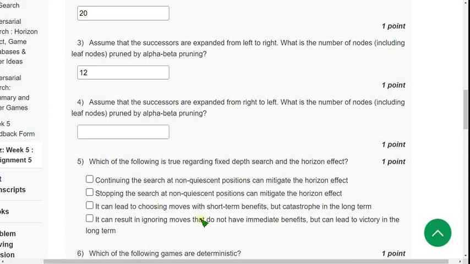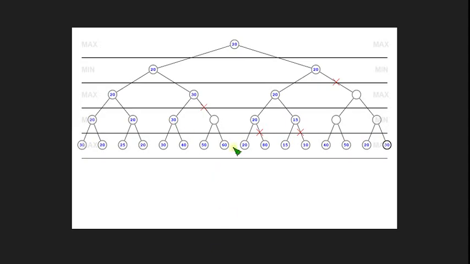And moving on to the fourth one, assume the successors are expanded from right to left. In the previous one they gave left to right, so from right to left, what is the number of nodes, including leaf nodes, pruned by alpha beta pruning? I will show you one more picture. Here I have given the values in the reverse order, so it becomes right to left, I think.